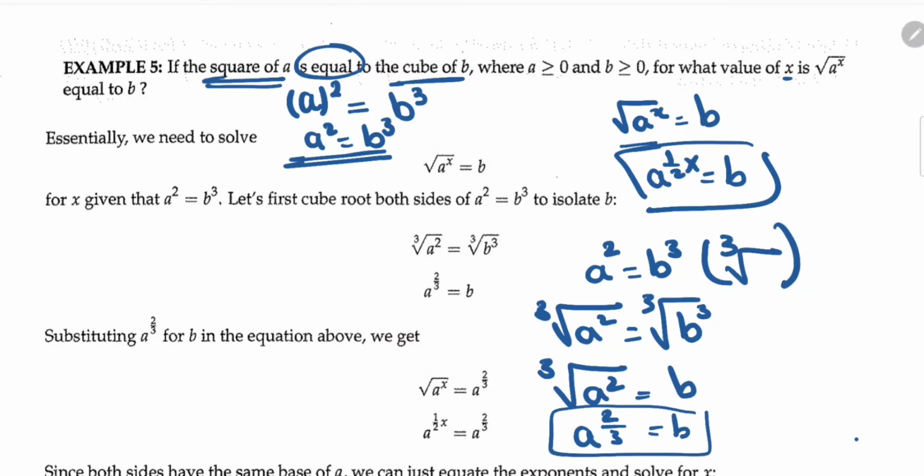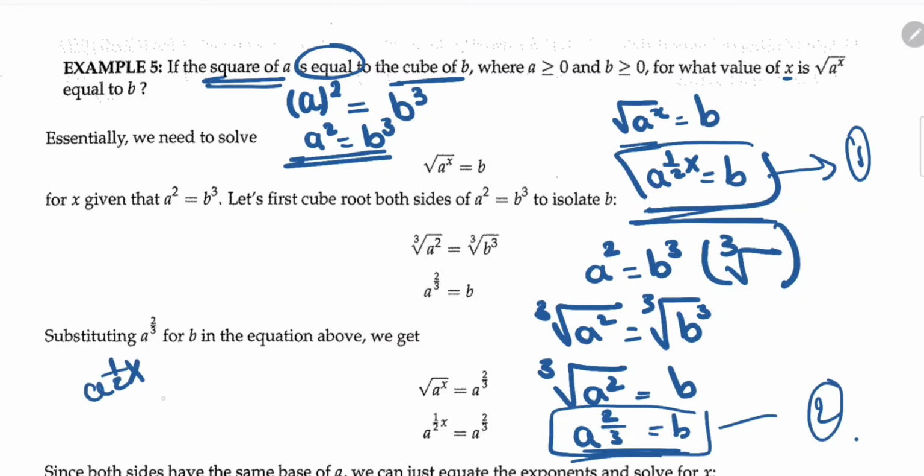So use these two equations and equate them. So it's b equals a to the power half x and b equals a to the power 2 over 3. So this quantity equals this quantity. So a to the power half x equals a to the power 2 over 3.